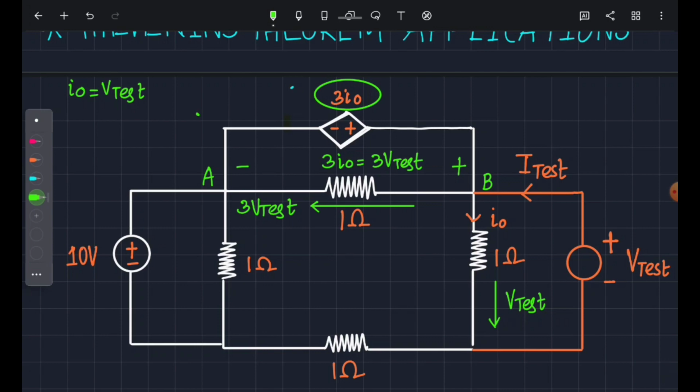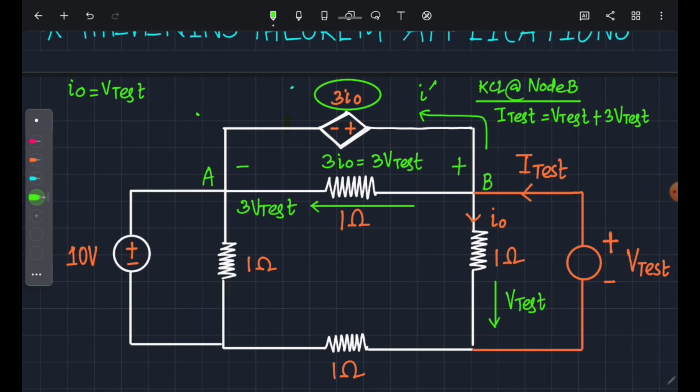Okay, now we'll apply a KCL at node B. Applying KCL at node B, we see that I test is the incoming current, V test is going out, 3 V test is also going out, and we have another current, let's name it I dash, which is flowing through the dependent source.